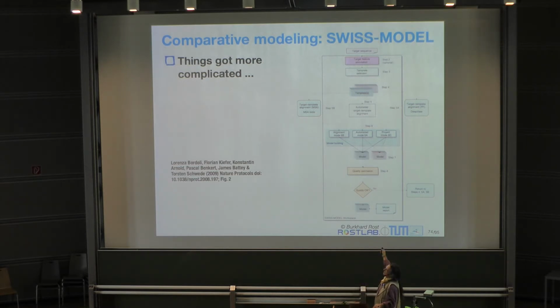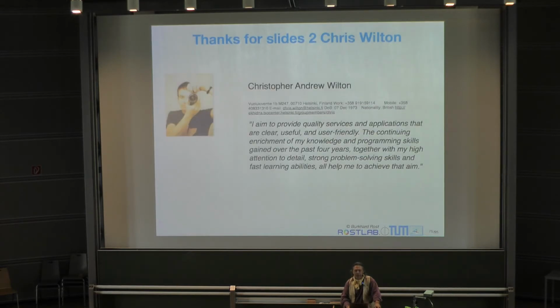Today, this is a small flow chart. Today things are way more complicated, and I will zoom through it because essentially Swiss Model adopts a similar philosophy or a similar mechanism as does Modeler, with the difference that in the detail some steps are done differently.